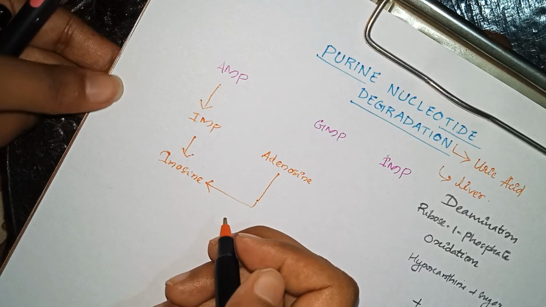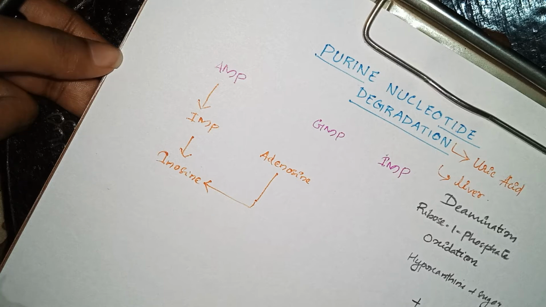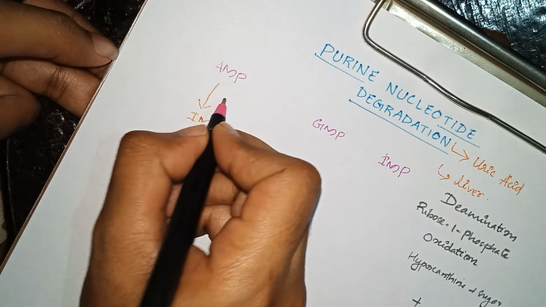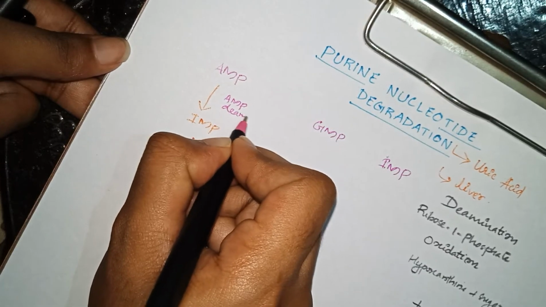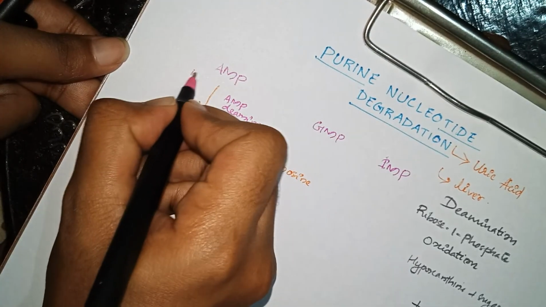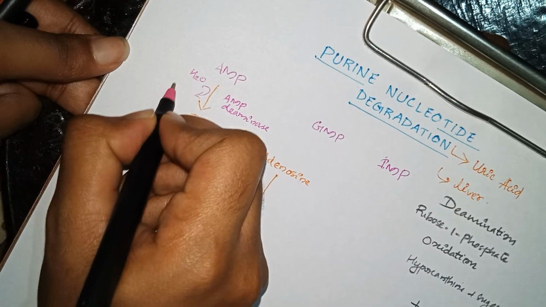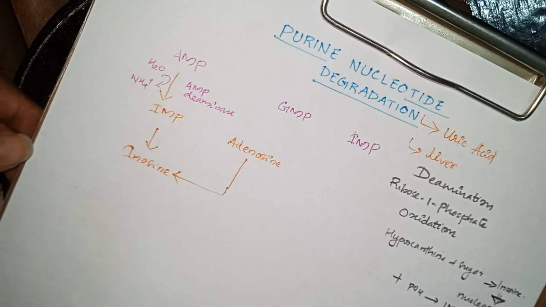Now, which are the enzymes? Adenosine monophosphate is converted into inosine monophosphate by deamination. So the enzyme is adenosine monophosphate deaminase, and we will get ammonium ion, NH4 plus.